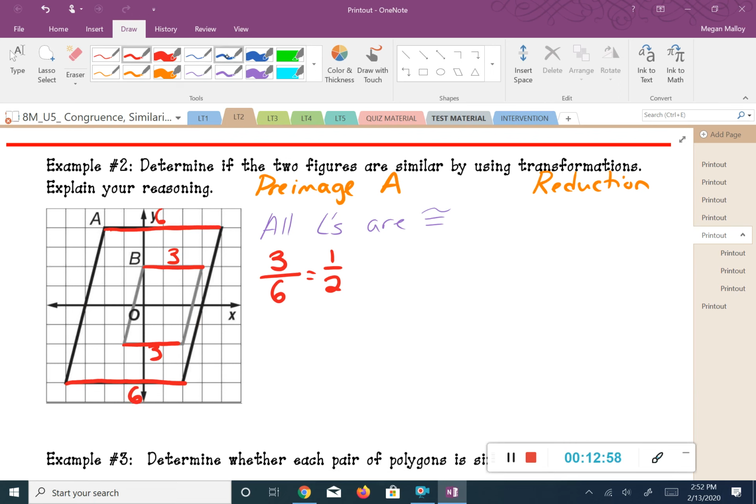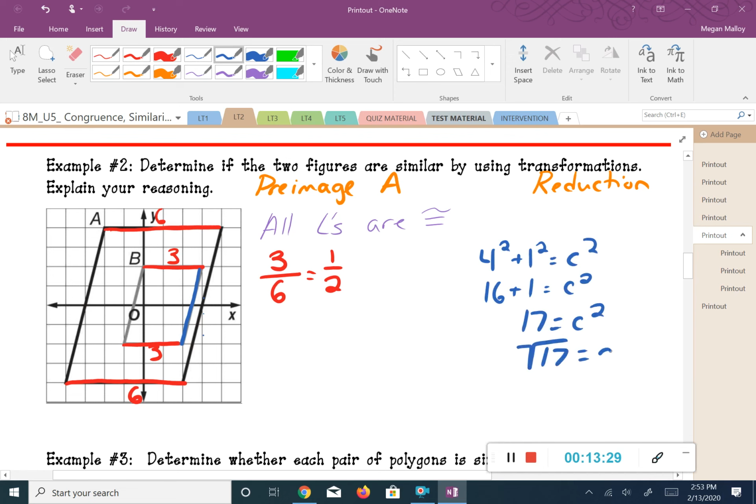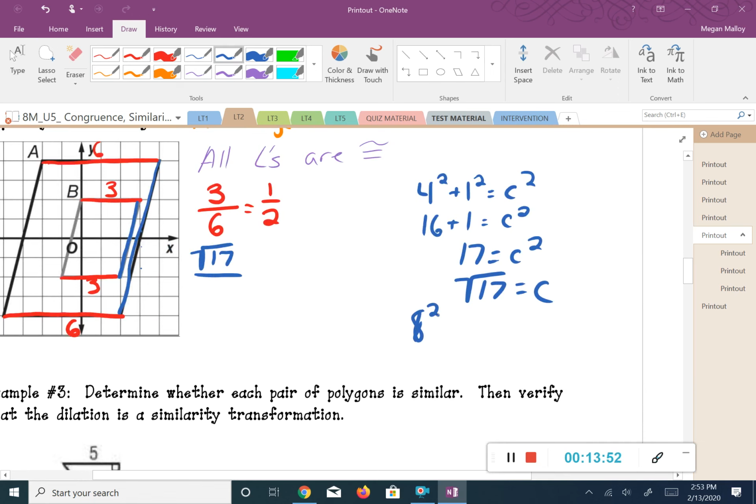So then if we look at our diagonal lengths, again using our Pythagorean theorem, if I take the diagonal of the dilated figure, that would be 1, 2, 3, 4, so 4 squared plus 1 squared, so 16 plus 1, 17 equals c squared, so the square root of 17 equals c, and we are going to be relating that to the length in the pre-image, 1, 2, 3, 4, 5, 6, 7, 8, so 8 squared plus 2 squared, 64 plus 4, 68 equals c squared, so the square root of 68.